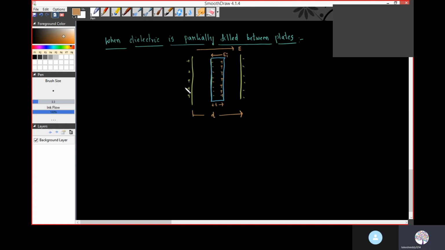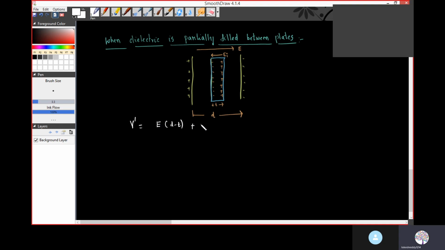Now my intention is to get the V dash value, the potential. Potential V dash is equal to, in the air region, the electric field is E, so E into d minus t.